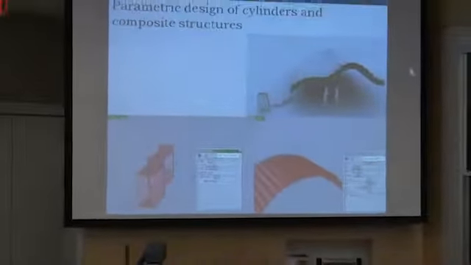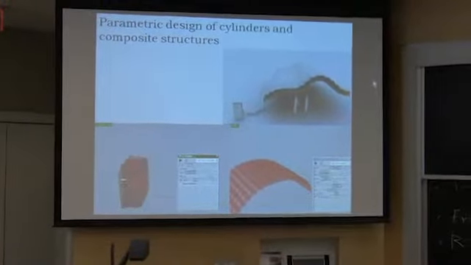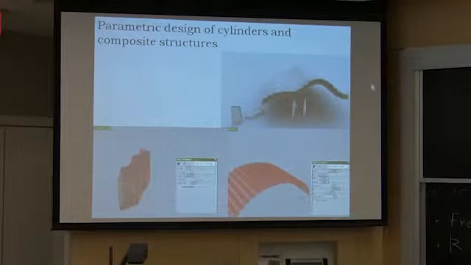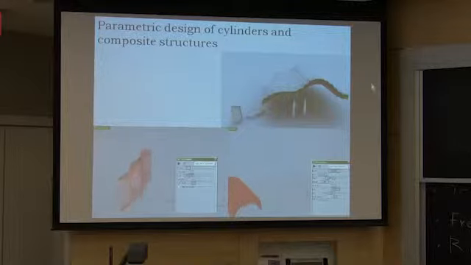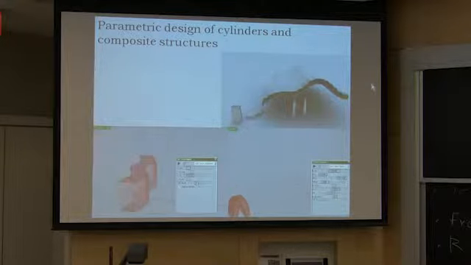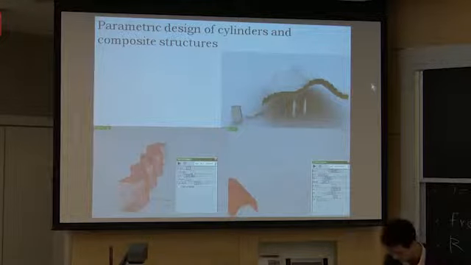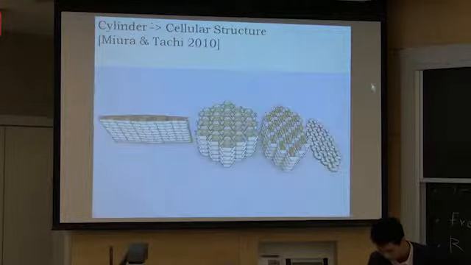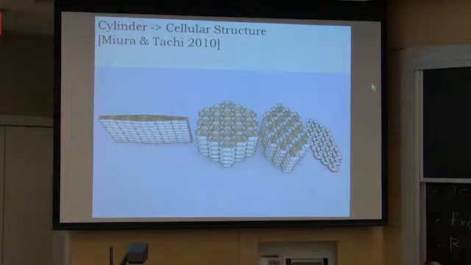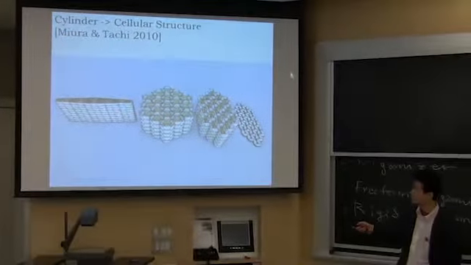And also you can make some kind of design variations. This is using Grasshopper on Rhinoceros. This is the given shape, the section, and from the section you can make a rigid foldable cylinder and also composite structures like this.